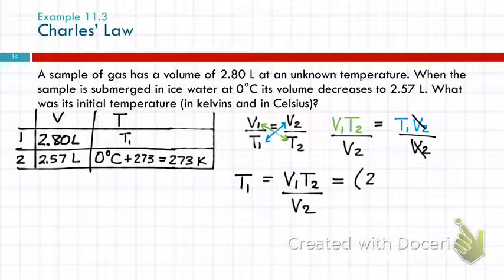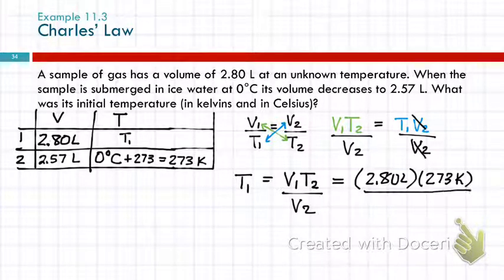I can plug the numbers in. So V1 is 2.80 liters. T2 is 273 Kelvin. And volume 2 is on the bottom, 2.57 liters. The units, liters, cancel, and so I get the temperature under the first set of conditions is 2.8 times 273 divided by 2.57.